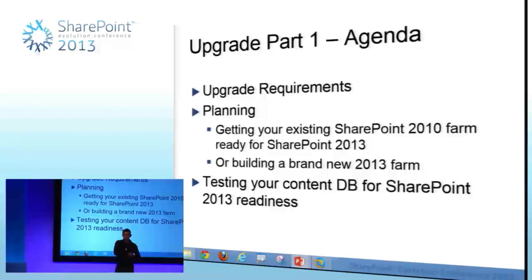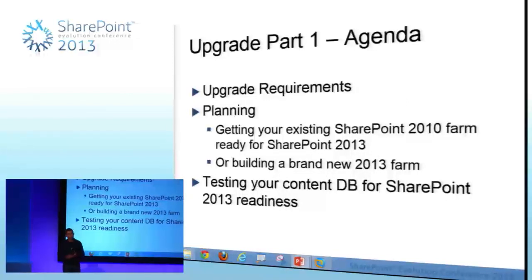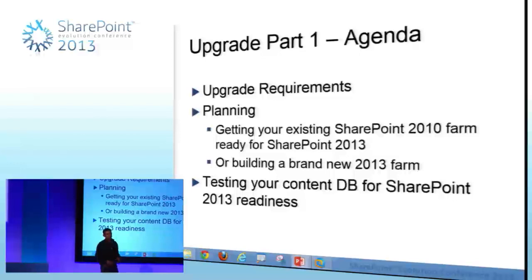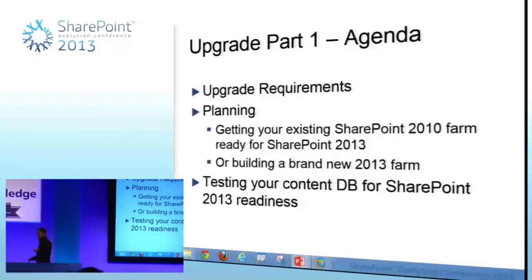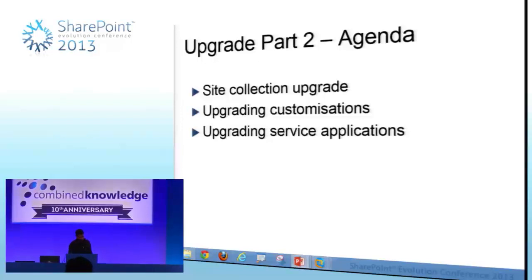The point of this demo is to show you what doesn't work, not to show you what works. I thought that'll be much more helpful for people to know what doesn't work, because the things that work will just work. So I'll show you some of the typical errors you would get with a content DB that's, say, come over from a couple of versions of SharePoint, right? And also give you some pointers to what you can do to fix some of the errors and so forth.